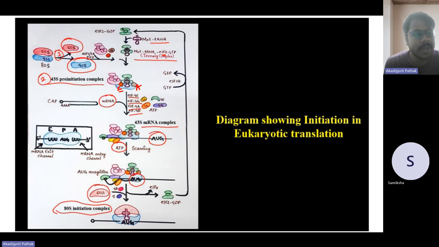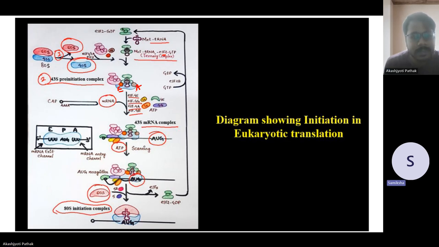This mRNA is recruited by the EIF4 initiation factors, 4E, 4G, 4A, 4B, and then you get the 43S mRNA complex. After this mRNA has joined, you get the 48S actually.